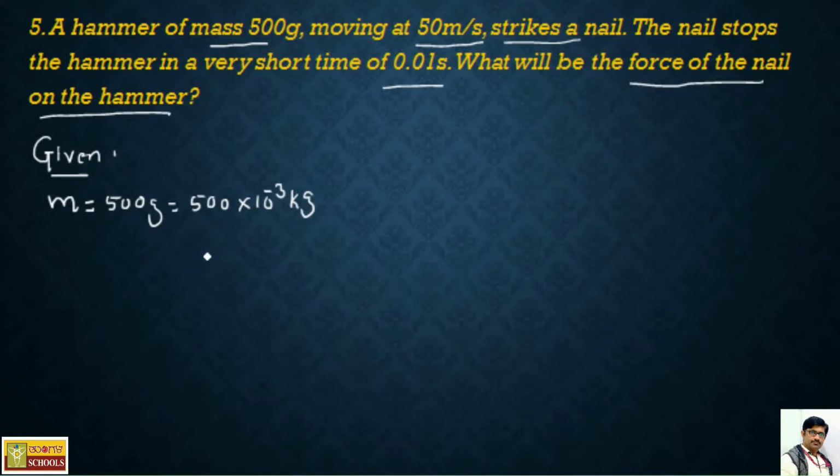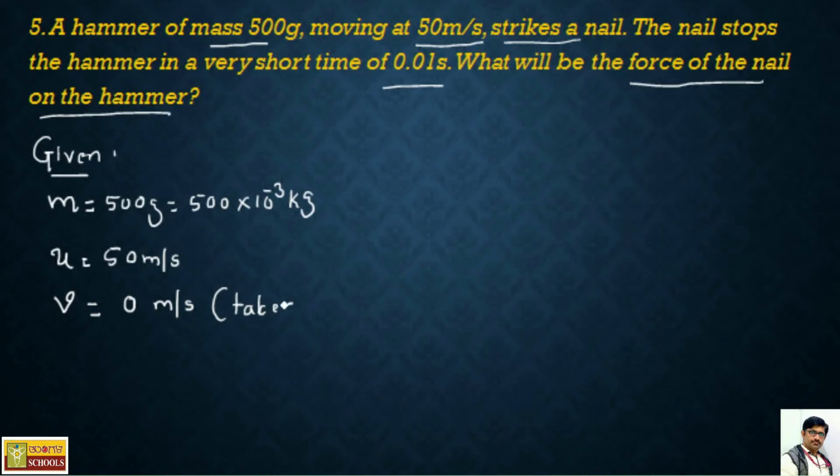This is the conversion from gram to kilogram, which I already discussed in the previous class. And we have the initial velocity u is equal to 50 meter per second. That is given, and you have to take the final velocity v as 0 meter per second. They did not give this parameter of v.